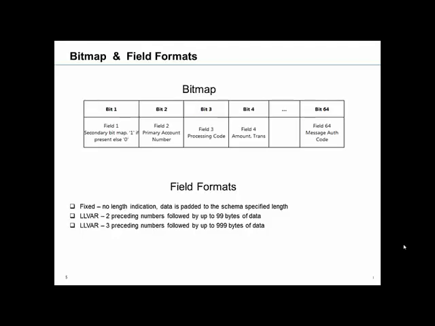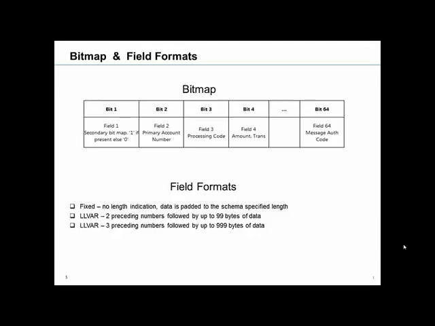So a message contains at least one bitmap, called the primary bitmap, indicating the presence of data elements 1 up to 64. A secondary bitmap may be located at data element 1, and hence the first bit in the primary bitmap tells us whether there is a secondary bitmap or not. The secondary bitmap indicates the presence of data elements 65 up to 128.